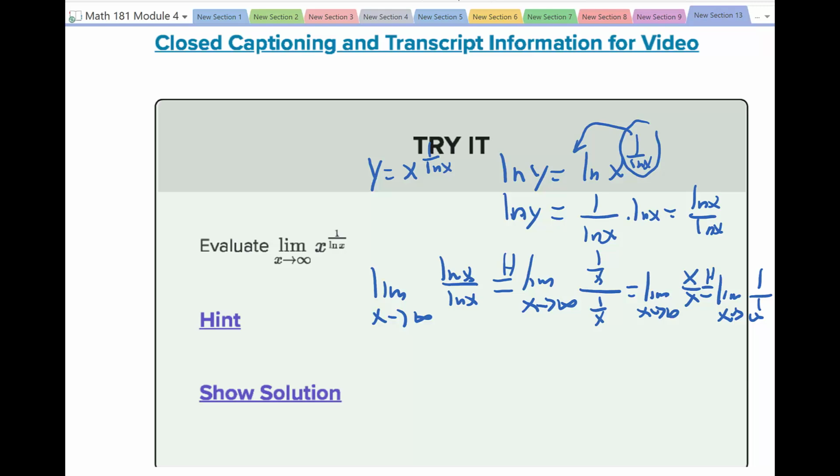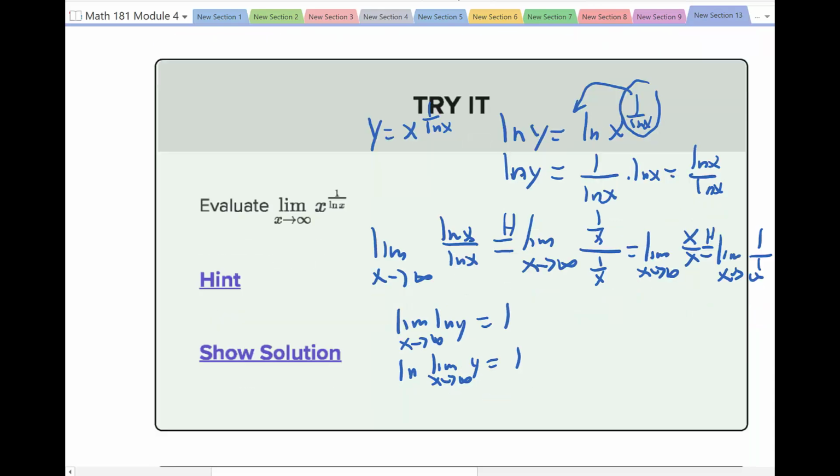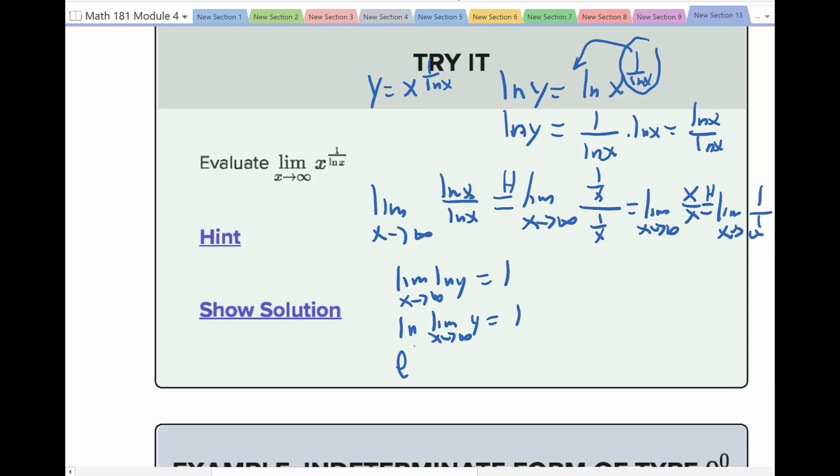Okay, so what this means is the limit of the natural log of y equals 1. So natural log of the limit as x approaches infinity of y is 1. So that e to the natural log of the limit as x approaches infinity of y is e to the 1, so that would cancel.